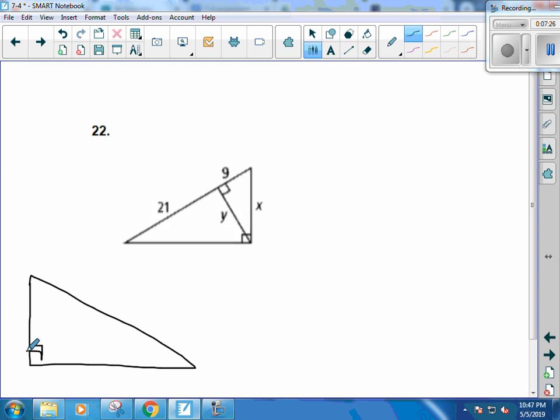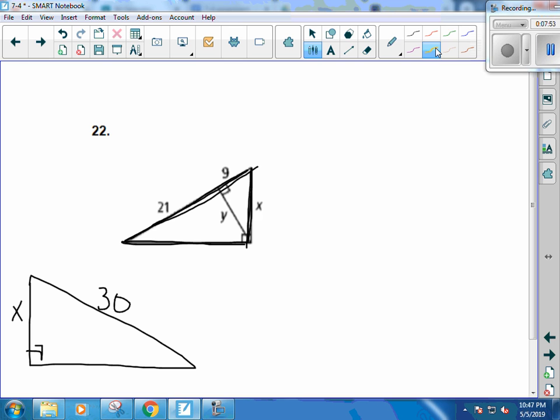That'll be the biggest triangle. So the short side looks like it's right here. The long side has nothing. And then the hypotenuse will be 9 plus 21. So the hypotenuse is 30, because it's the entire side.